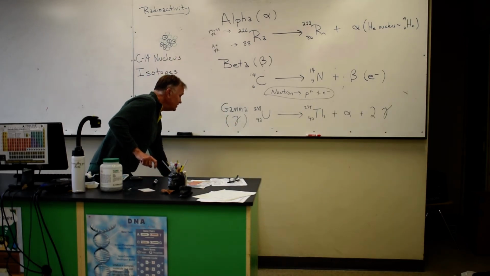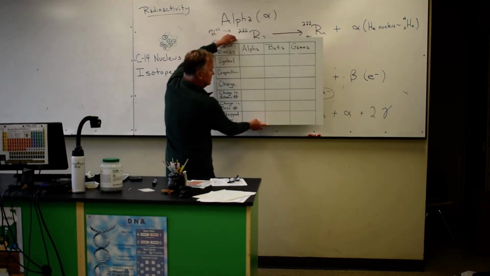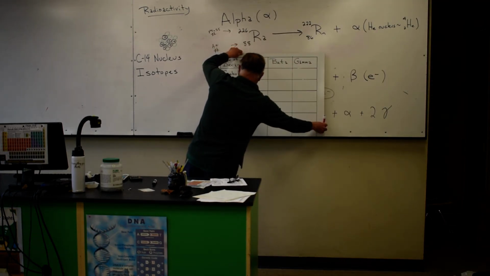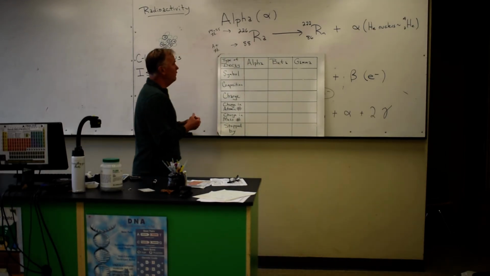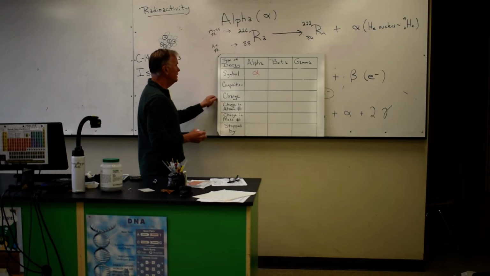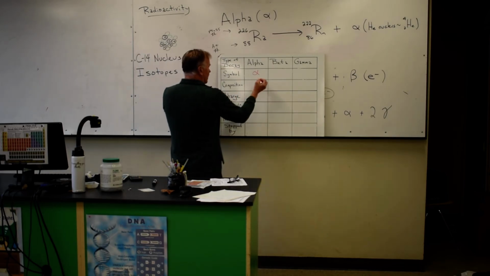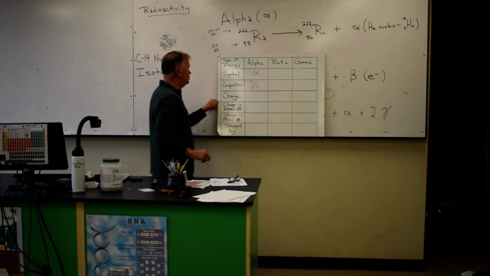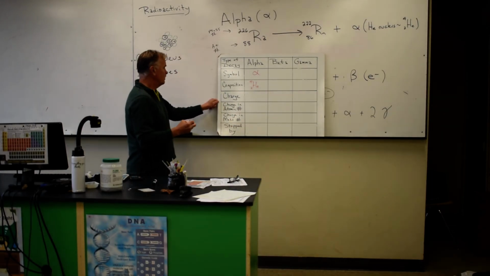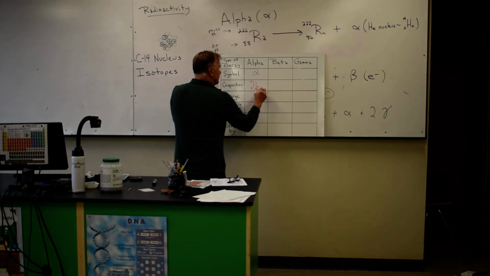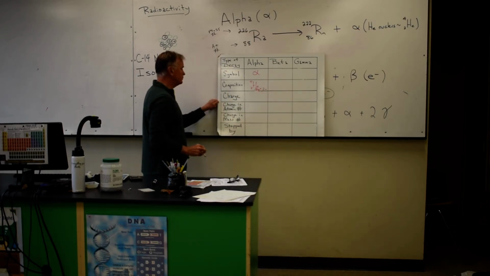All right. Okay, so let's go to the chart here. Let's look at the characteristics of all 3 of these types. First, we'll start with alpha. We symbolize alpha with the Greek letter. Here's an alpha particle. It's composed of a helium nucleus, so 2, 4 there. You could also say it's got 2 protons and 2 neutrons.